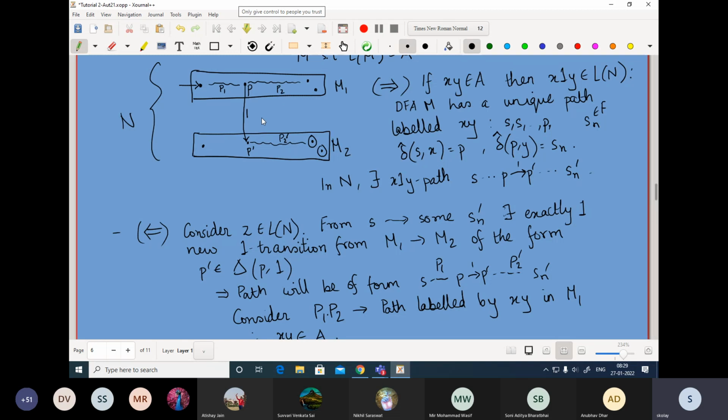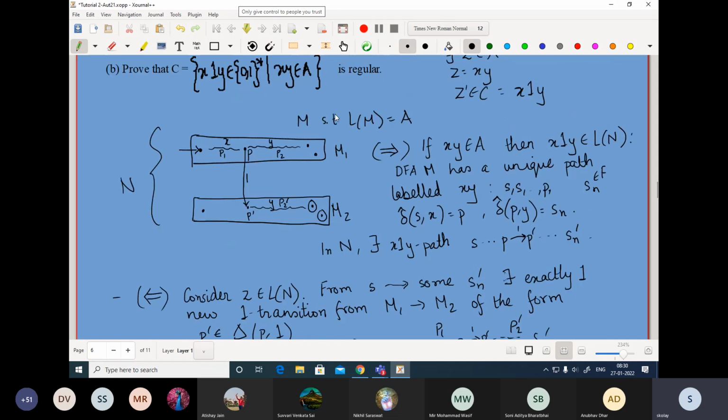I'm calling this P2. Then this will be an accepting path. But what is the label? If this was X, this is 1 and this is Y, which was defining Z, then this is also labeled Y because these are just copies of each other. So then that means XY is accepted by M1, means XY is in LM, means XY is in A.